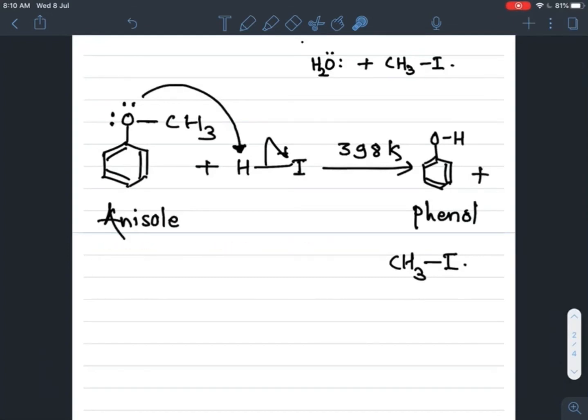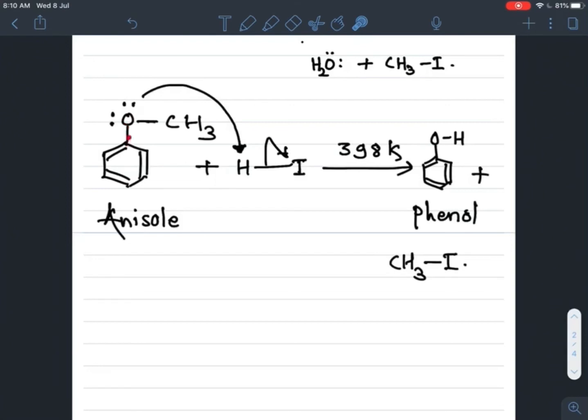So this is the most important reaction. In the case of anisole, that is aromatic ethers, only a one-step reaction proceeds, and when anisole is treated with hot HI at about 398 Kelvin, the bond between oxygen and the alkyl group breaks.